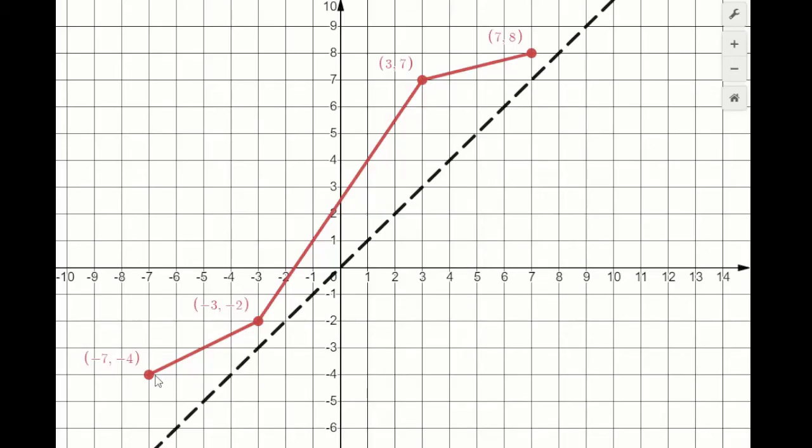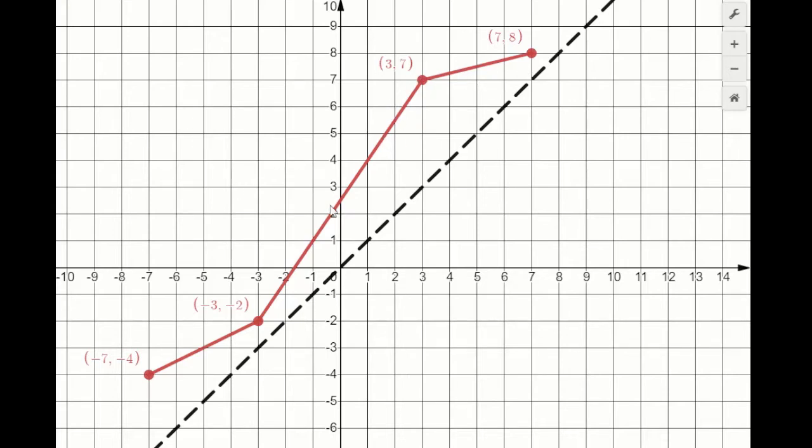Whatever function gives us this graph is a one-to-one function, because if we place a horizontal line, or rely on these horizontal grid lines, any of our horizontal grid lines only crosses the graph at one point.